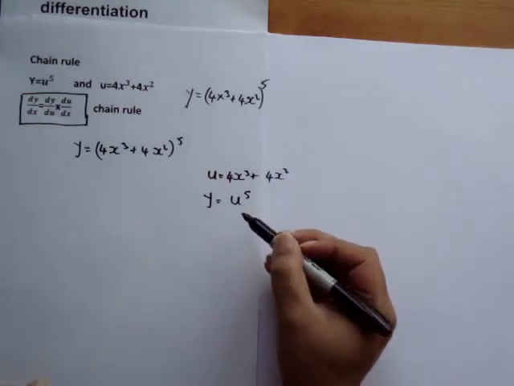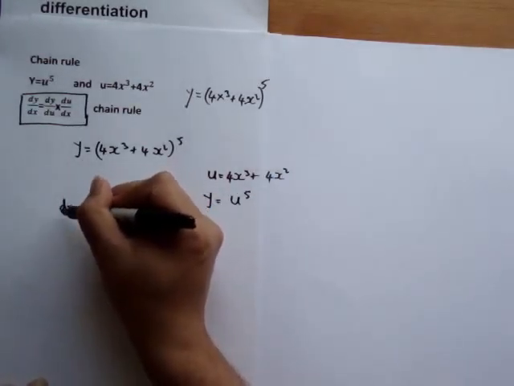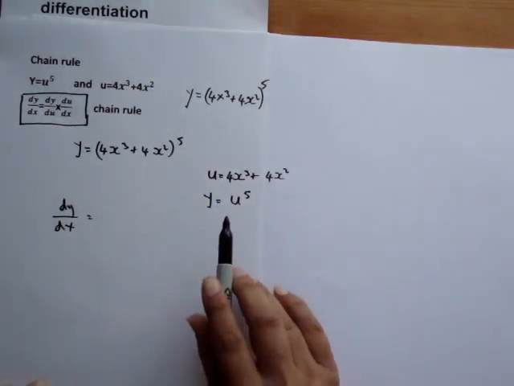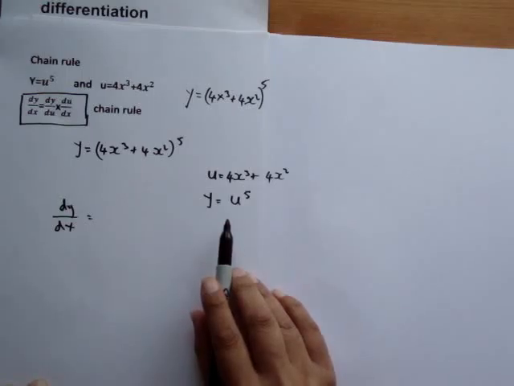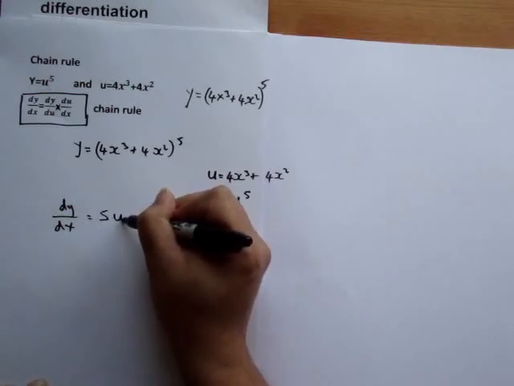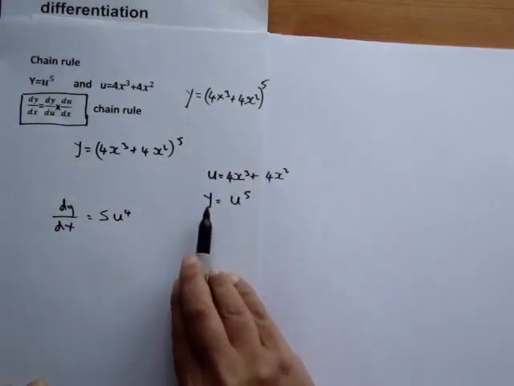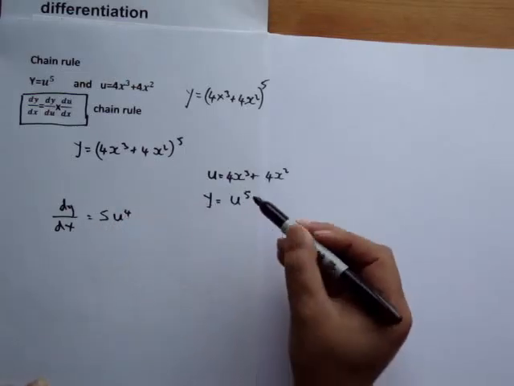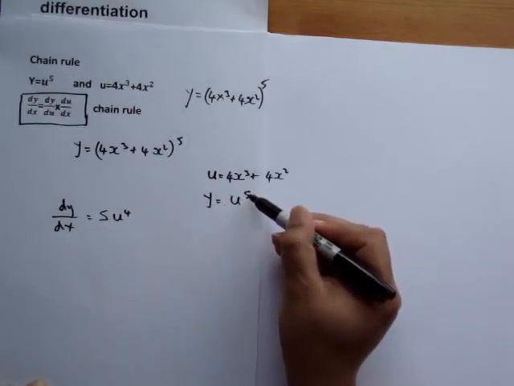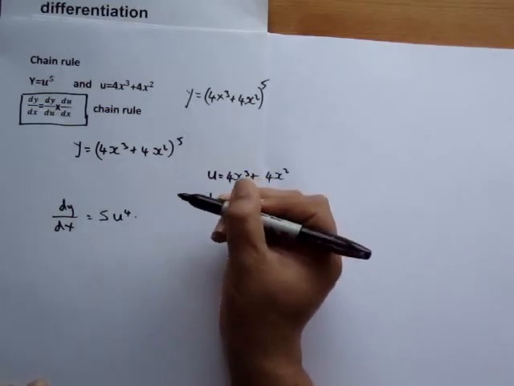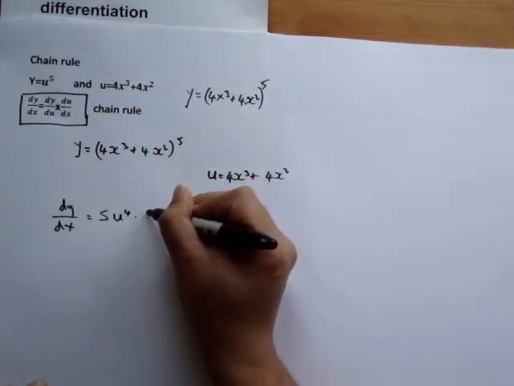Now using the chain rule, dy by dx is dy by du, which is 5u to the power 4. When we take the derivative of u to the power 5, that becomes 5u to the power 4. Bring the 5 down, take 1 off the power, so that's 5 minus 1 is 4, and then we multiply that by du by dx, which is u prime.